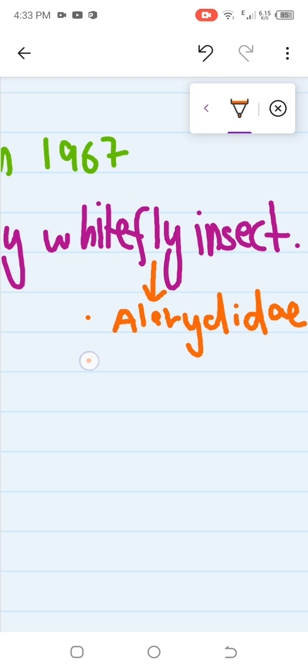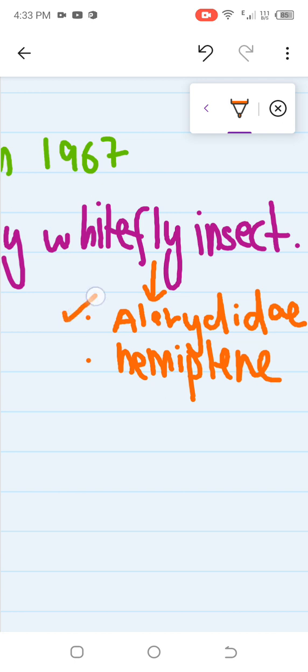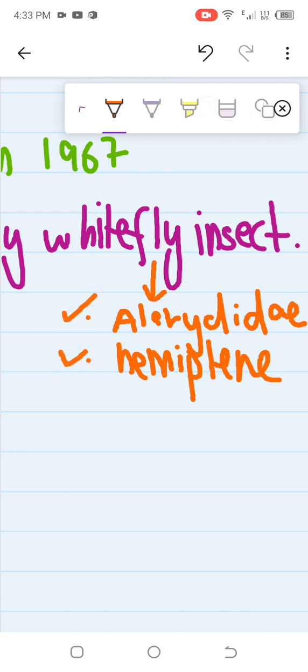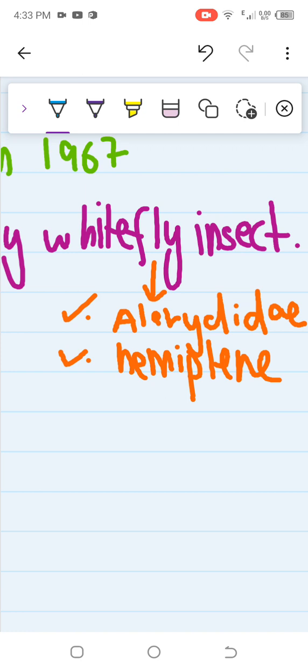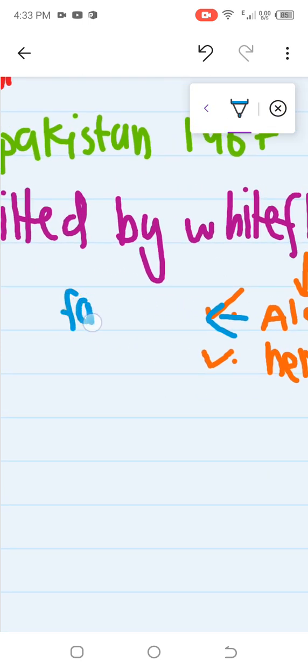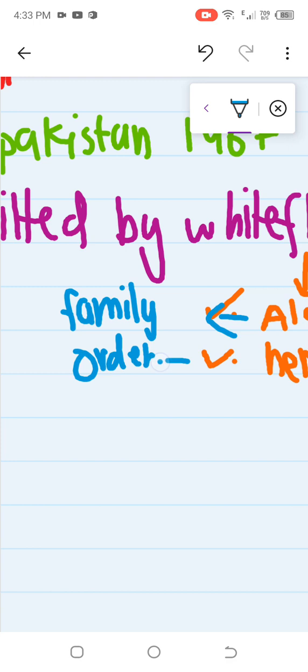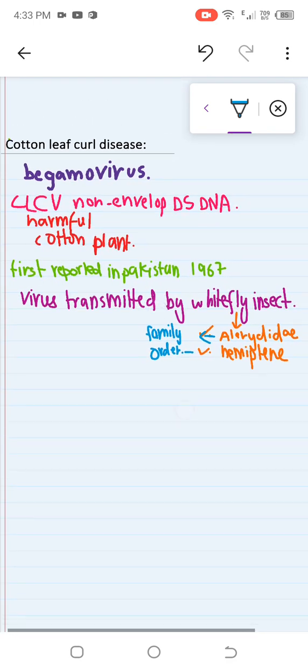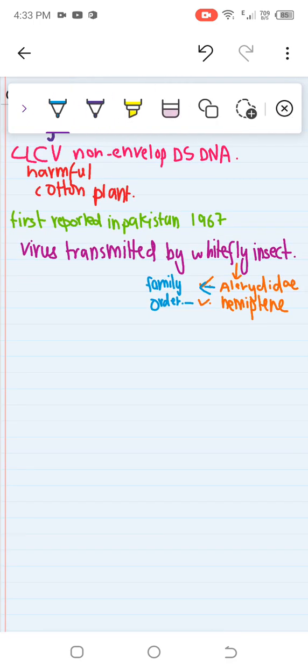And if I talk about the order, the order is Hemiptera. So this is the family, and this is the order. Fine. So this is basically the cotton leaf curl plant disease.